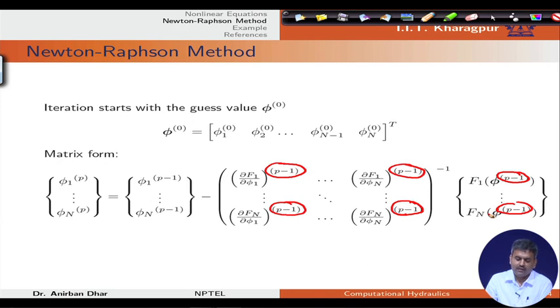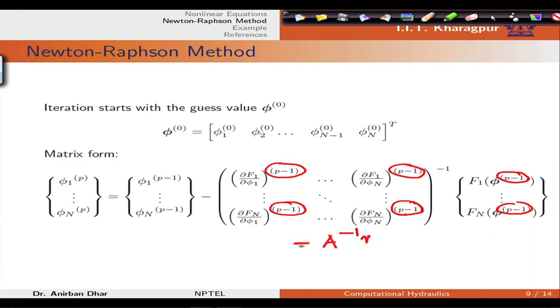That means, your constant coefficient thing, this is necessarily A inverse, and right hand side this is R and one negative sign is there. We can utilize this, or we can directly solve this A del phi equals minus R kind of thing.